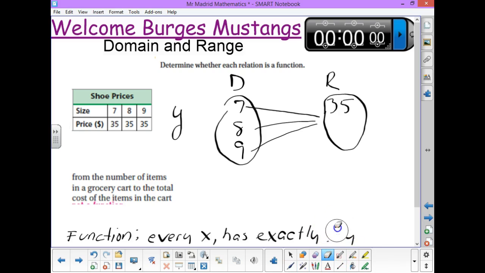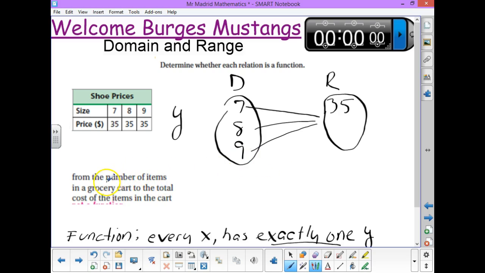I'm not sure if that's confusing, so let me spell out the 1 y. Exactly 1 y. So this x has this 1 y, this 1 y, 1 y. Okay, let's take a look at this one.